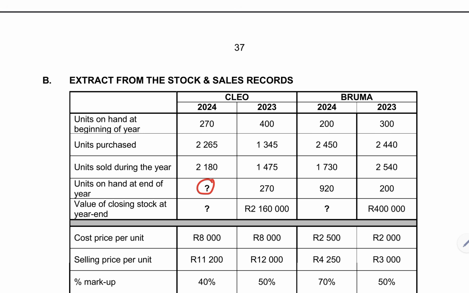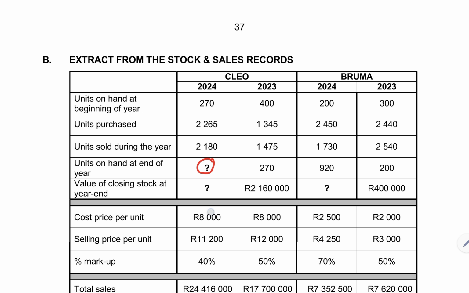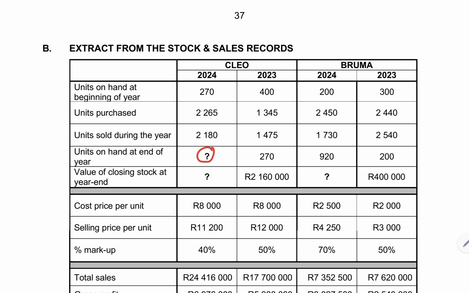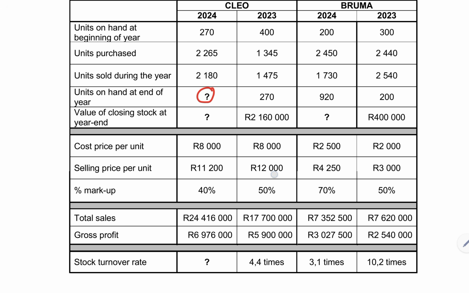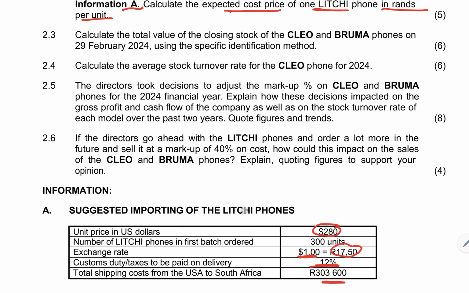So we are going to start and say 270 plus 2,265, and then we don't get anything about any return on this.